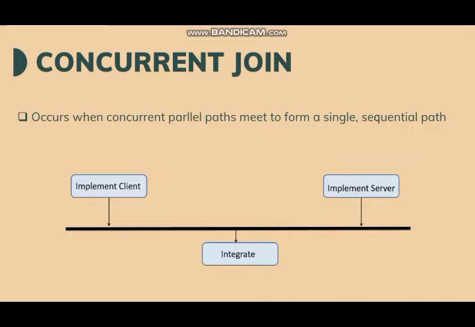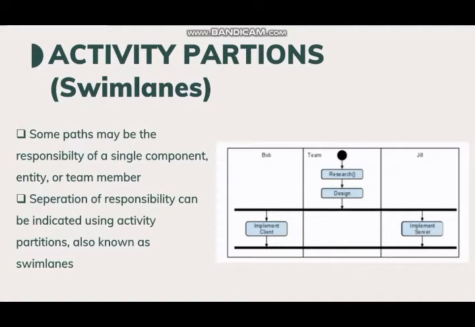It's useful with concurrent forks and concurrent joins to have something called activity partitions or swim lanes. These are ways of annotating the diagram to show which component, individual, or entity is responsible for each parallel path in the project.